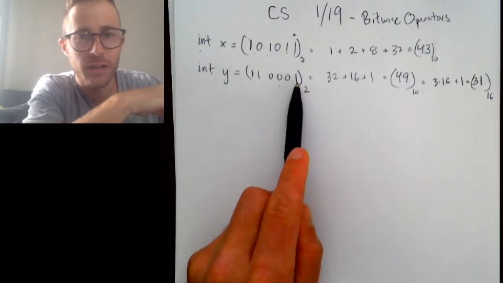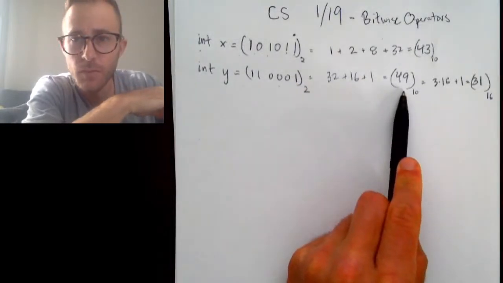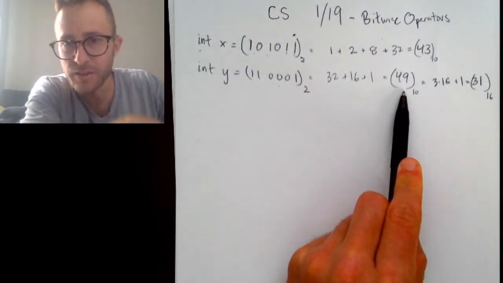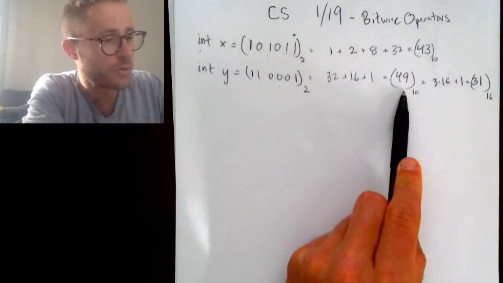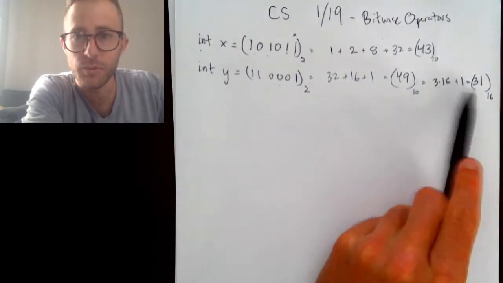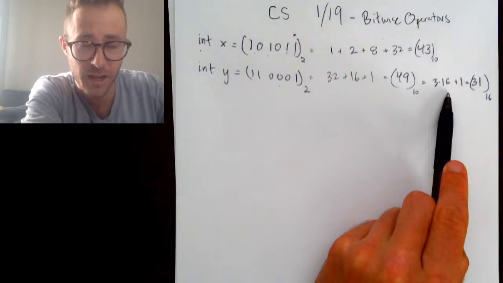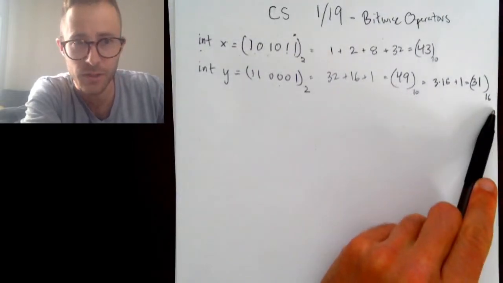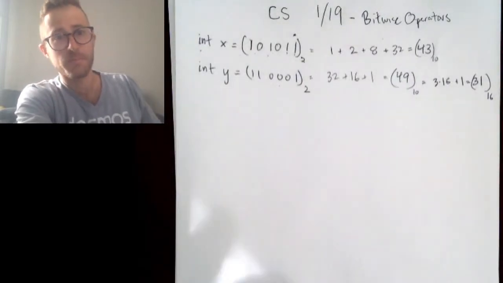So that's 49 in base 10, which is equal to 48 plus 1. If I wanted to express it in hexadecimal, it would be 31. Hexadecimal is base 16.